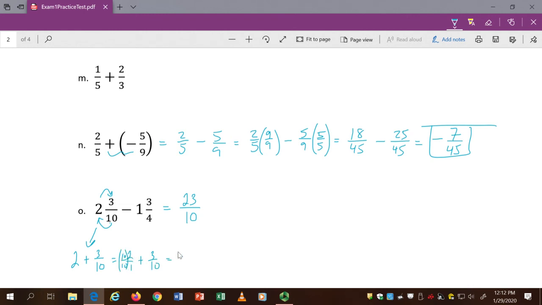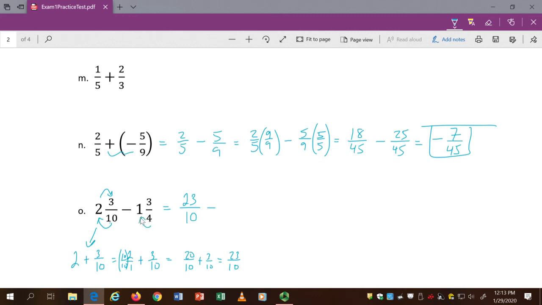So what do you end up doing? 10 times 2 is 20 plus 3 tenths. So it's 23 tenths if you're trying to put it into one single fraction with a common denominator. But the shortcut does it faster. It's just 10 times 2 is 20, and that's the common denominator step. And then you add the 3 because that's left. So it's 23 tenths. But it stays in tenths.